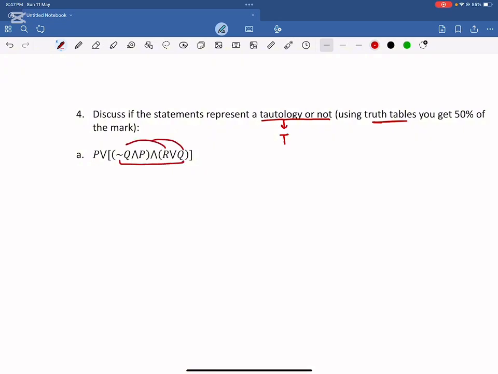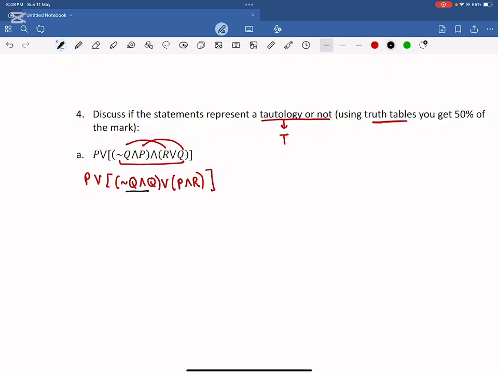I can use the distributive method, P and not Q, or Q. No, I mean not Q and Q, or P and R. Okay.